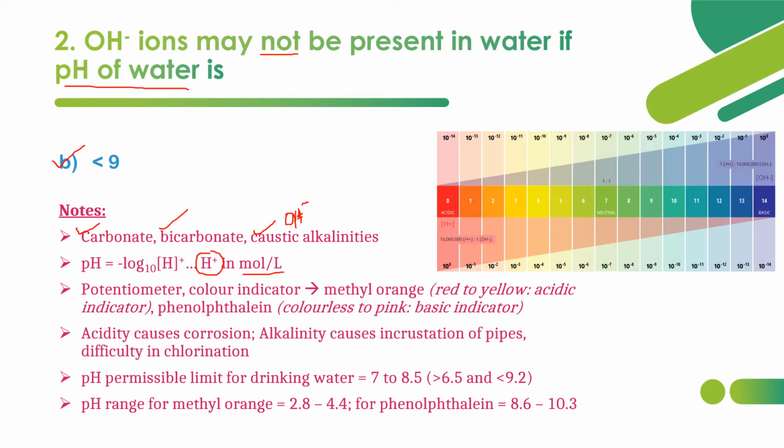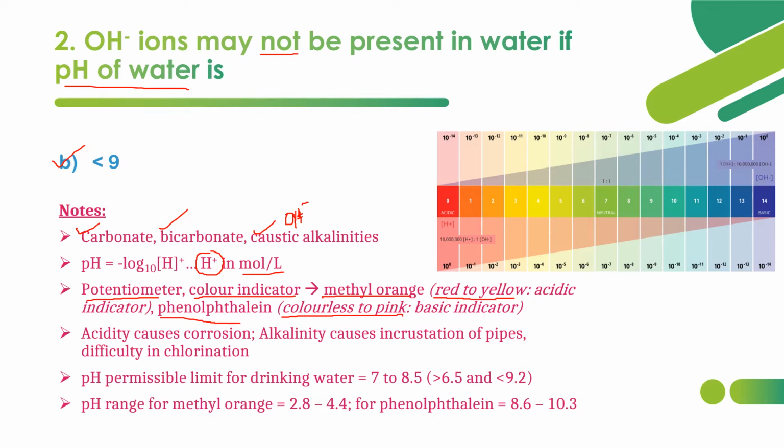And how is pH found? Using a potentiometer, or we can use a color indicator, a color matching technique, to find the pH value. When we use methyl orange as an acidic indicator, the color change is noted as red to yellow. For a basic indicator, phenolphthalein is used, and the color change is colorless to pink.